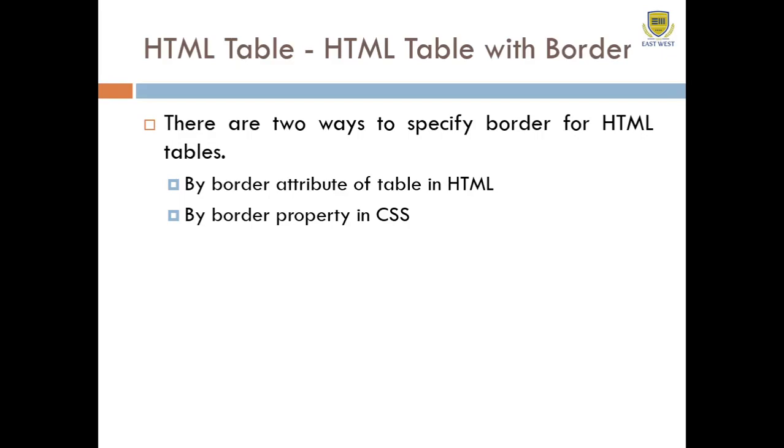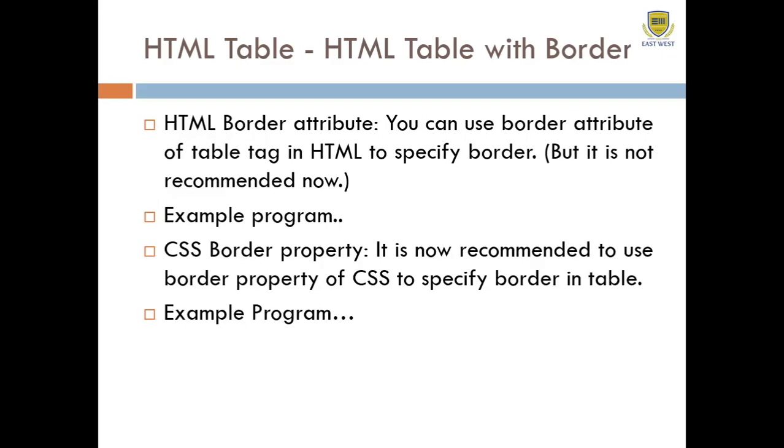Right. So let me create a table border with HTML. With the HTML border attribute, you can use the border attribute of the table tag to specify the border. But of course, we do not recommend it because it requires a long program to be written.